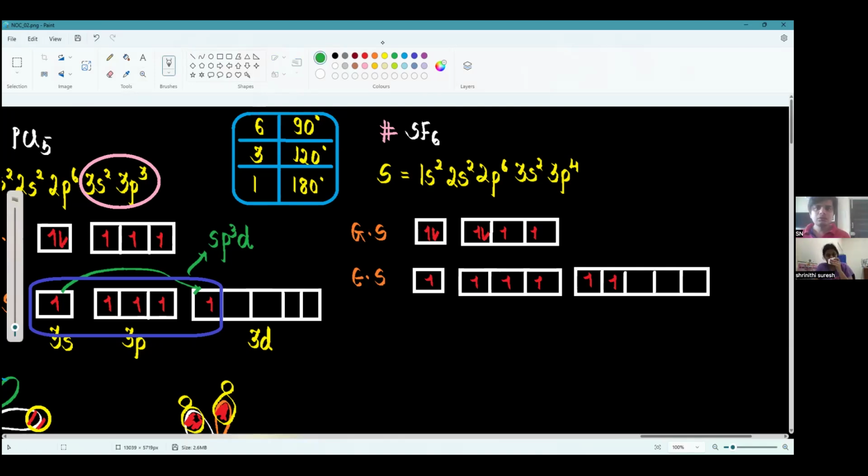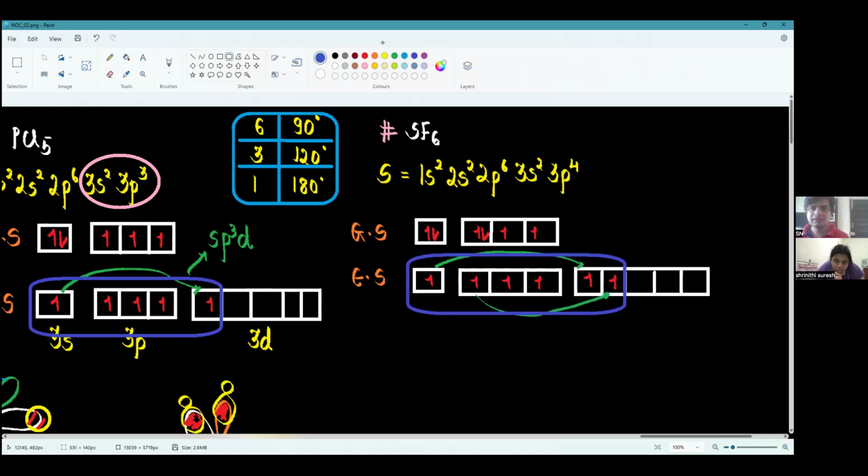So one electron will go into a d orbital and the other from 2s. How many orbitals does it have now? Six.